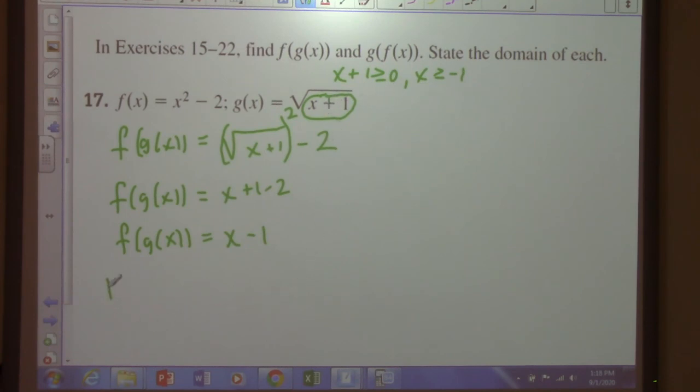So our domain for this guy is going to be negative infinity to... greater than or equal to negative 1, less than infinity. And then what is the other one going to be? It's going to be this one into here, right?